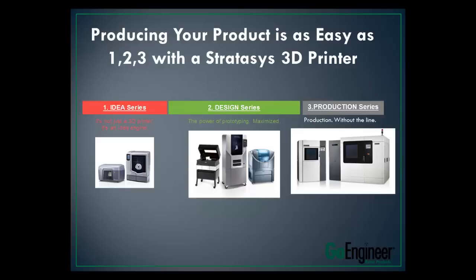So we talked about the PolyJet, and we talked about the FDM and all the other things. Because of the huge benefits of the Stratasys line of both PolyJet and FDM machines, we here at Go are really proud to supply those to our customers. Those are the ones that we chose to present to you, to give you the opportunity to get these machines in-house.